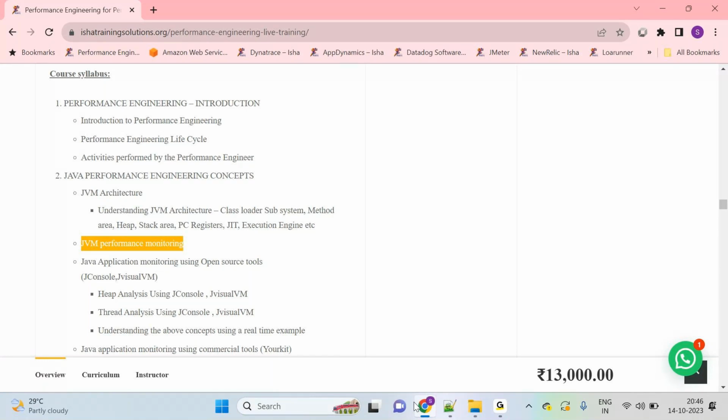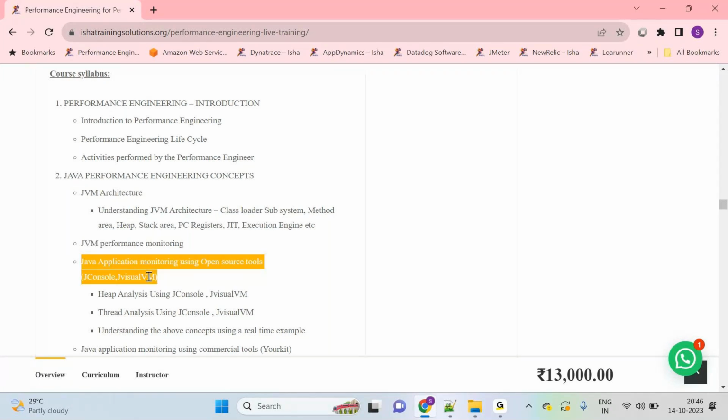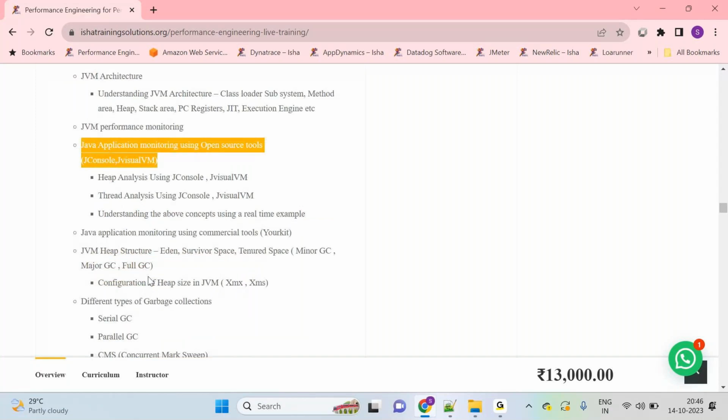And then the JVM monitoring, I told you, right? JVM monitoring we are going to do through two utility tools which are there in the JDK. One is JVisualVM and the other is JConsole. Both utility tools we are going to learn. Using the tools, we are going to learn what heap memory means, what a thread means, and analyze all those things.